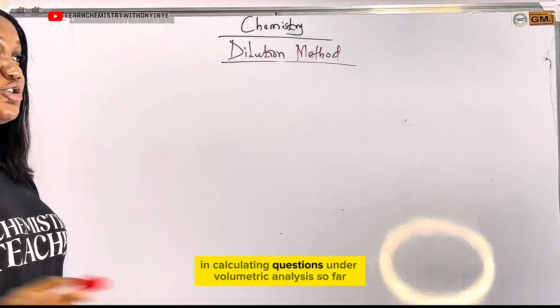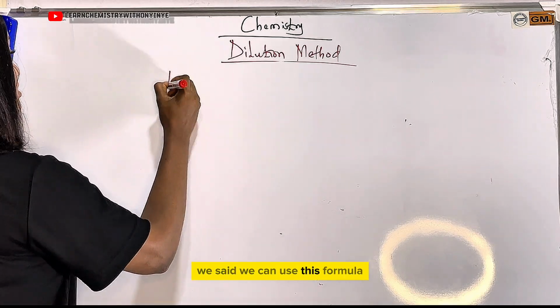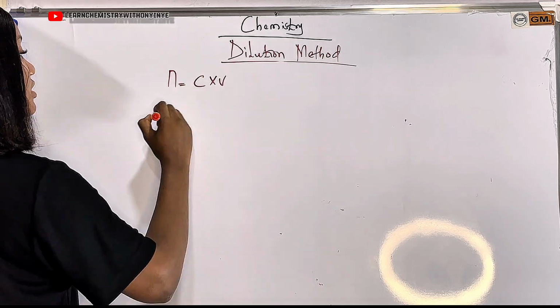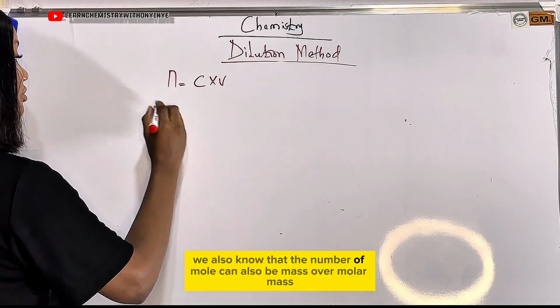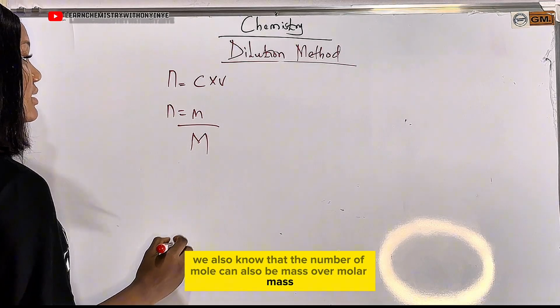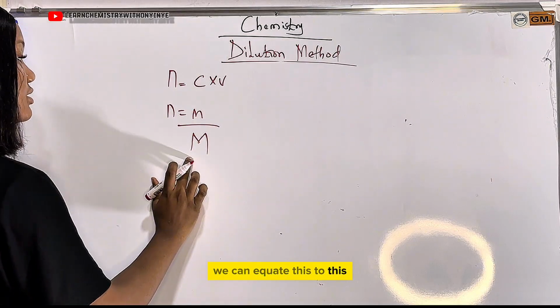In calculating questions under volumetric analysis, so far we said we can use this formula: number of mole equal to concentration times volume. We also know that the number of mole can also be mass over molar mass. And then we can equate either of them. We can equate this to this.